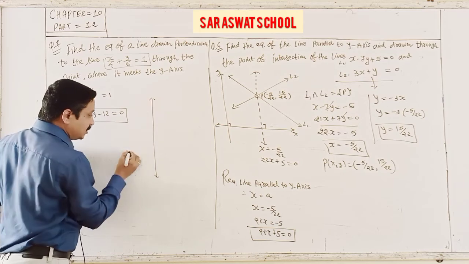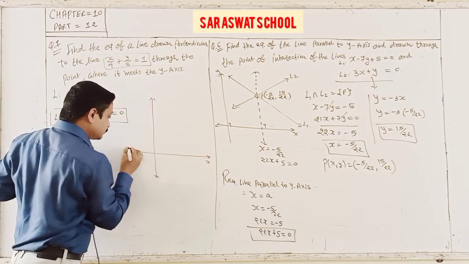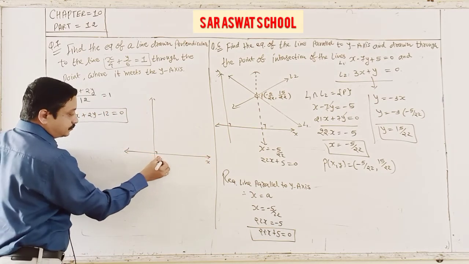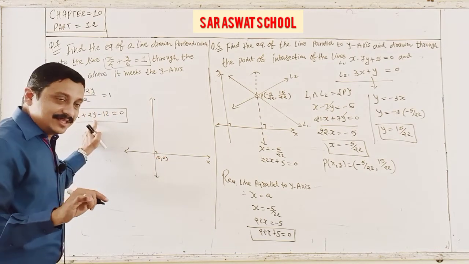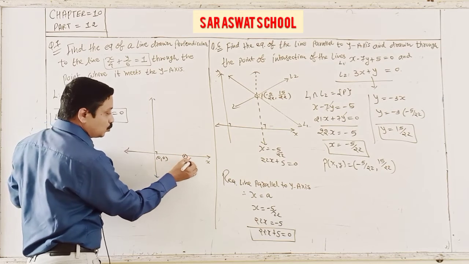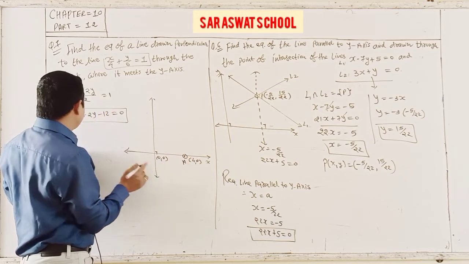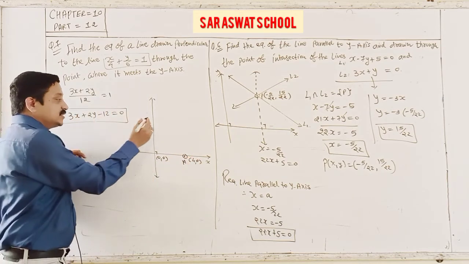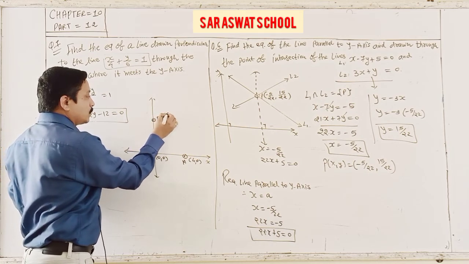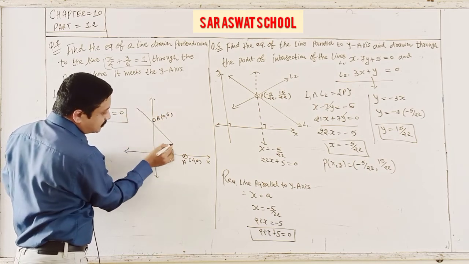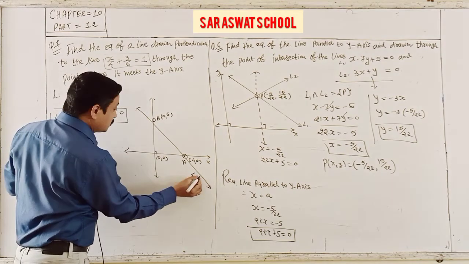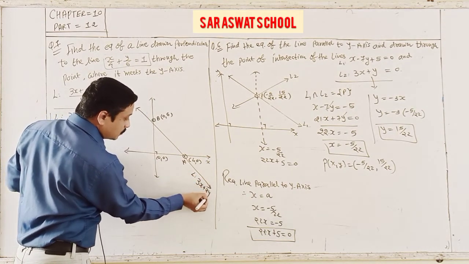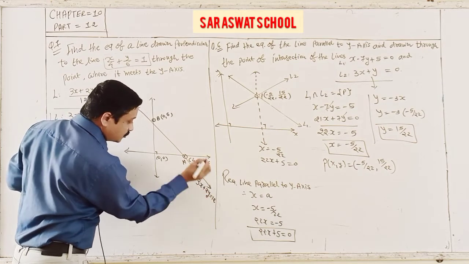Then you can easily understand what I am telling. Here is the origin. Taking here y is 0, 12 by 3, x is 4, and taking here x is 0, y is 6, and both meet at a common intersection. This is line L, 3x plus 2y is equal to 12.